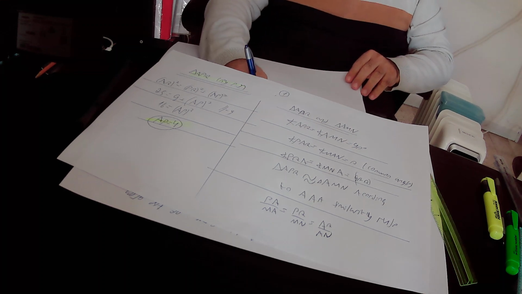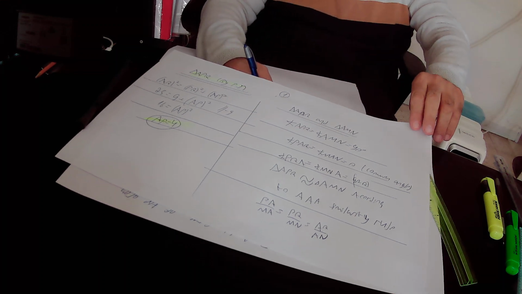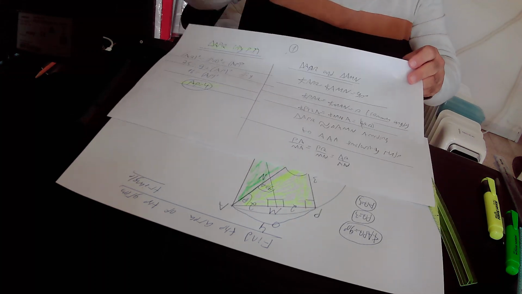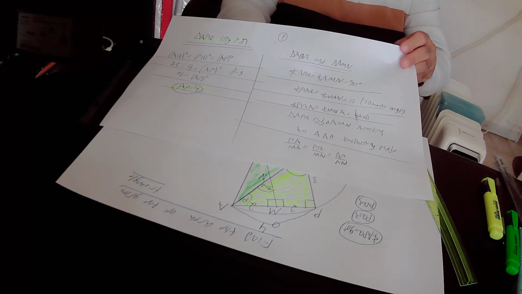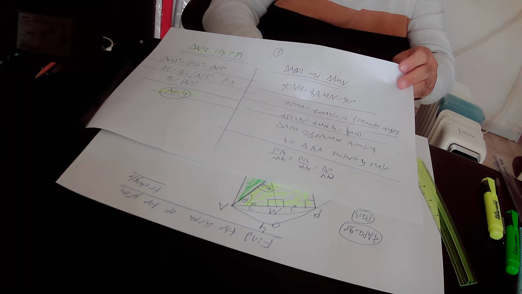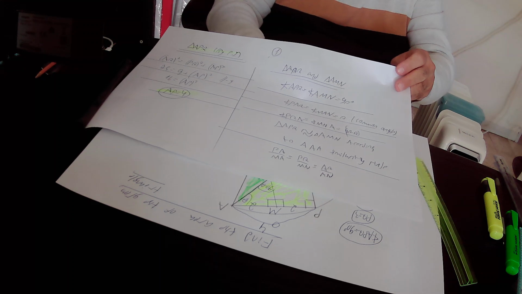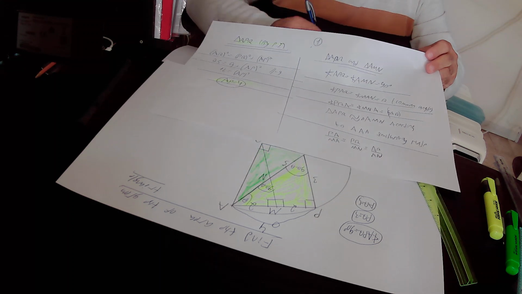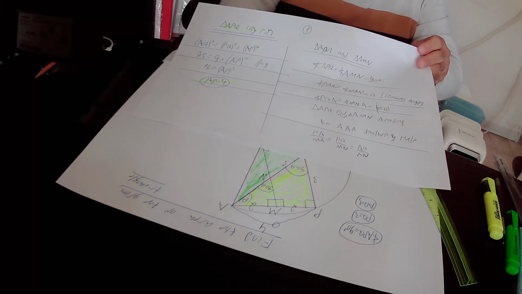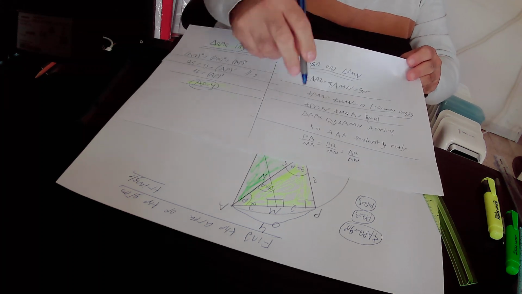So PA equals 4 units over MA equals 2 units, and it is equal to PQ equals 3 units over MN.